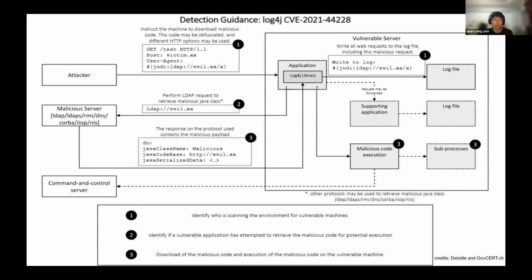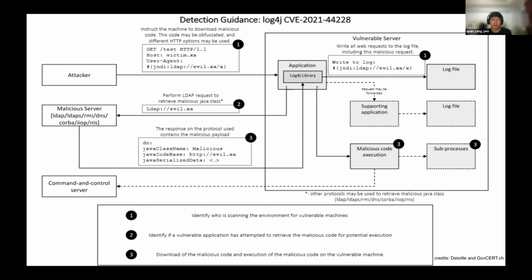While doing that, it is actually being exploited. While logging, it triggers this JNDI module, which I believe is called Java Naming and Directory Interface, and it makes an LDAP request to that URL that you provide in your payload.